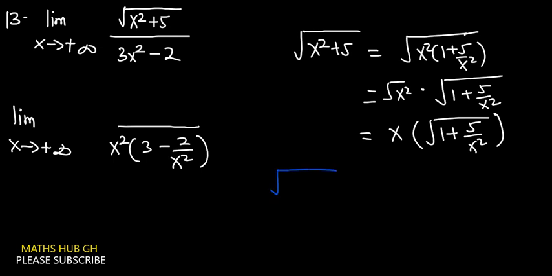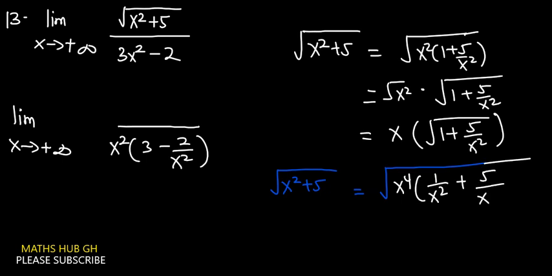So for the numerator again, we have x squared plus 5. For the factorization, let's look at what I'm going to do. Instead of factoring x squared out directly, I'm going to factor out x to the power 4. So you're going to have x to the power 4, bracket open, 1 over x squared plus 5 over x to the power of 4.